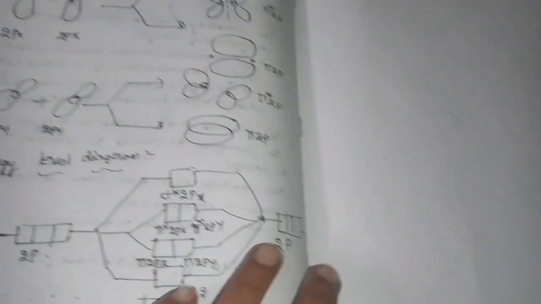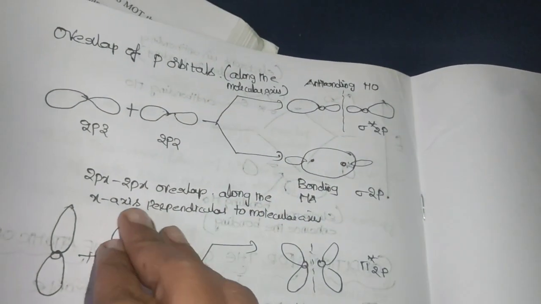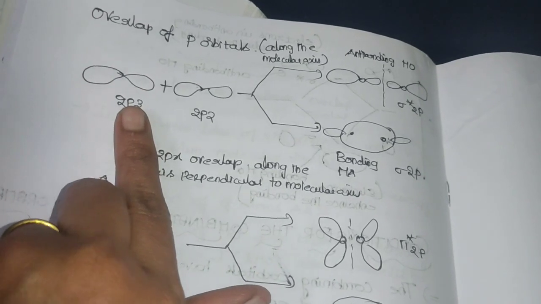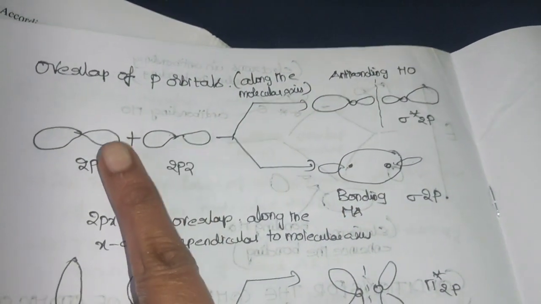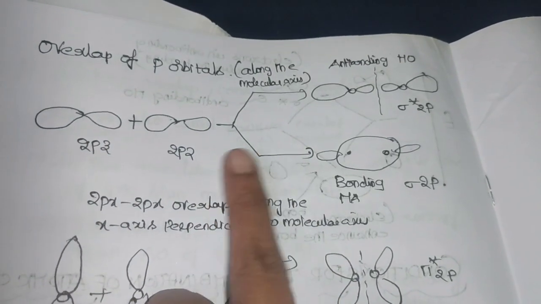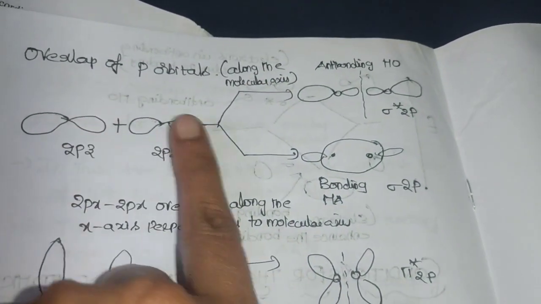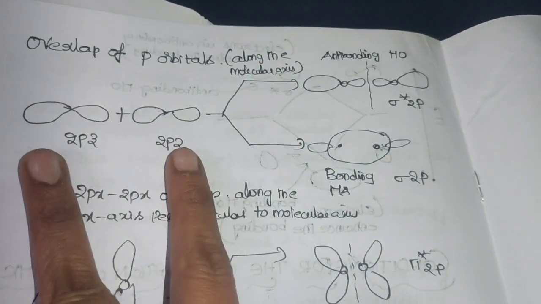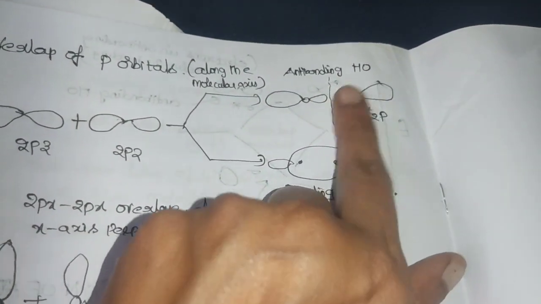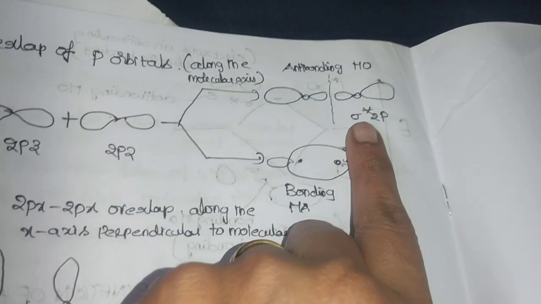When the overlap takes place between two p orbitals, we already said the z-axis is taken as the molecular axis. So when two 2pz orbitals combine together, they form a bonding molecular orbital sigma 2p and an anti-bonding molecular orbital sigma star 2p.